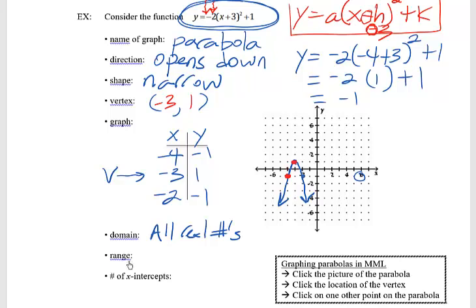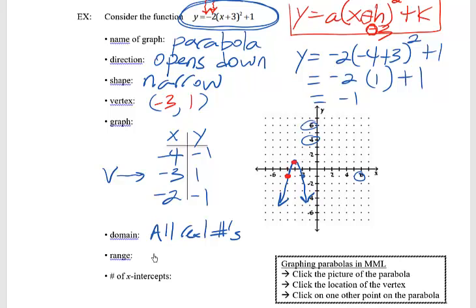How about the range? Well, that is not all real numbers. Range refers to all the possible y values that ever show up on this thing. And you can see, there's some y's up here that are never going to touch this parabola because this vertex spot is the highest spot. Everything else goes down from there.